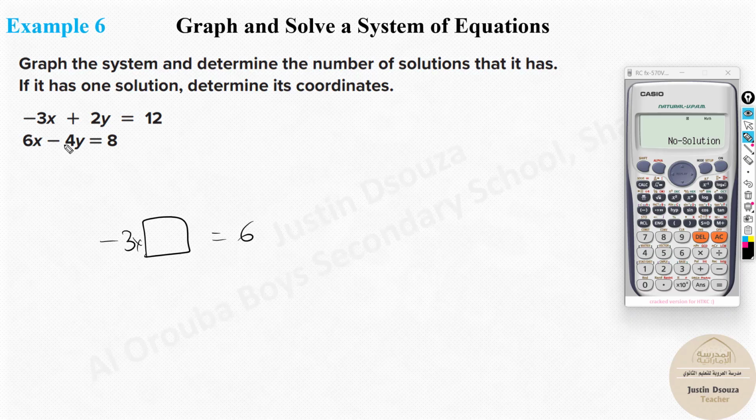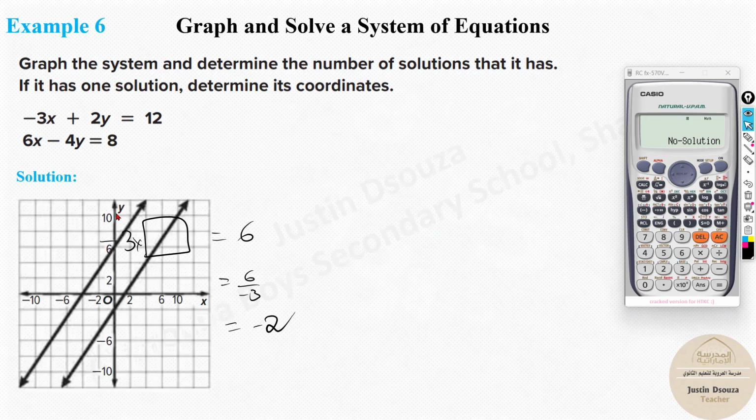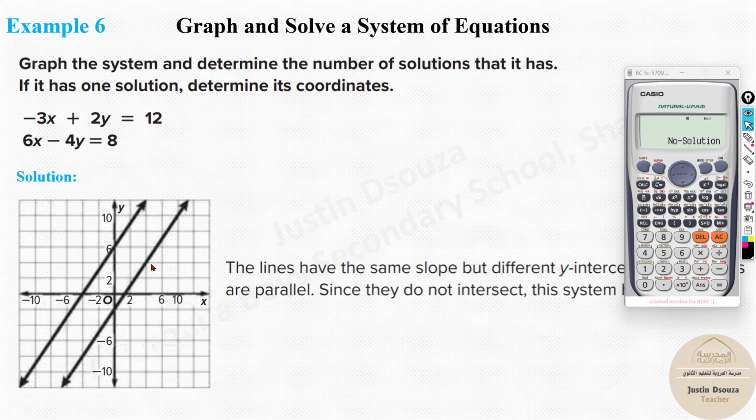It's a very simple one, right? 3 times 2 is 6, isn't it? But just the sign is a problem. So divide by -3, be -2. That's it. So multiply throughout, and then you will see the first two terms will be the same, but the last terms are different. Therefore, there is no solution. And if you graph them, you'll come to know they are parallel lines.